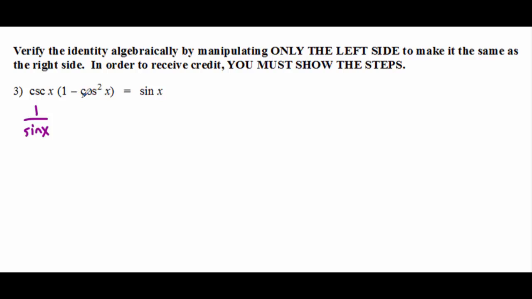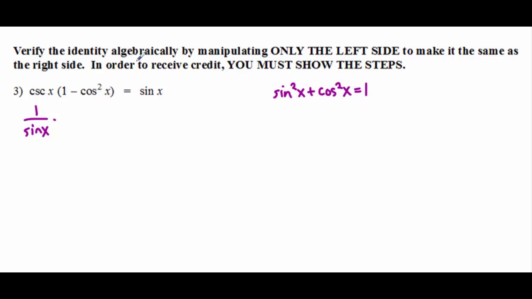And then when I see something like 1 minus cosine squared, that should be something that seems familiar to me. There is an identity on our identity paper, our unit circle page, that says sine squared x plus cosine squared x equals 1, which is just a fantastic identity.